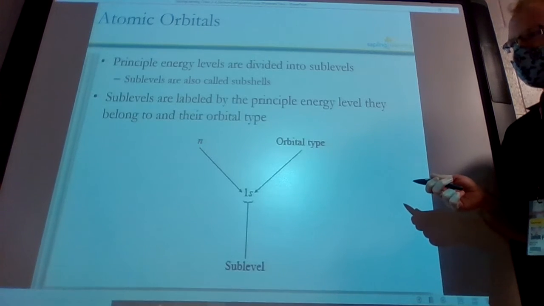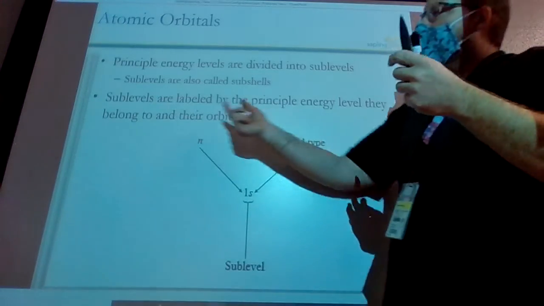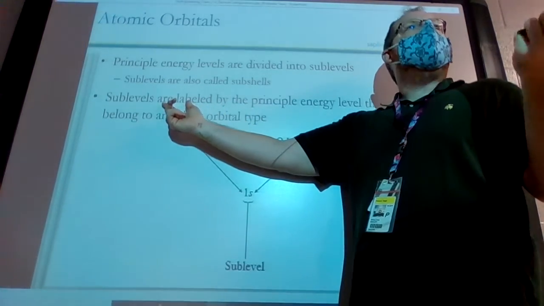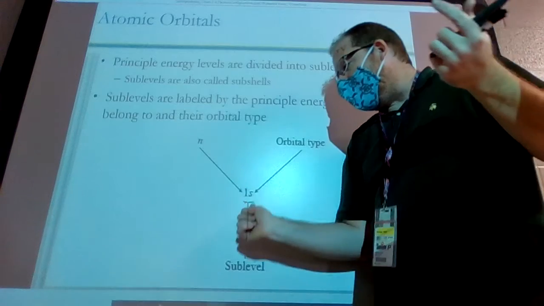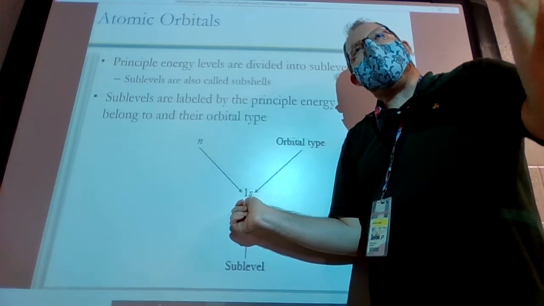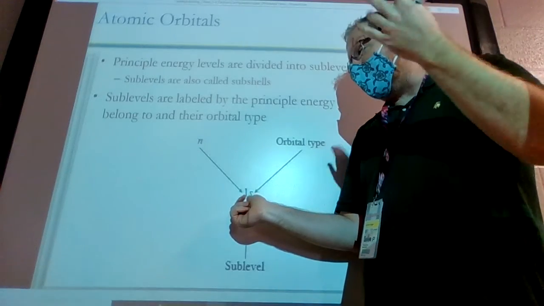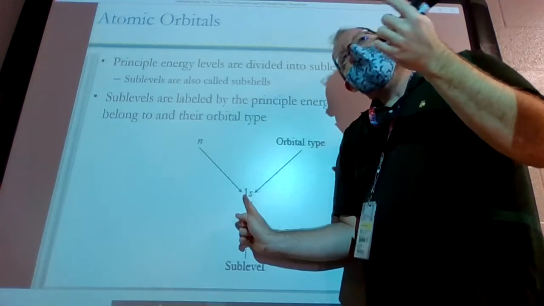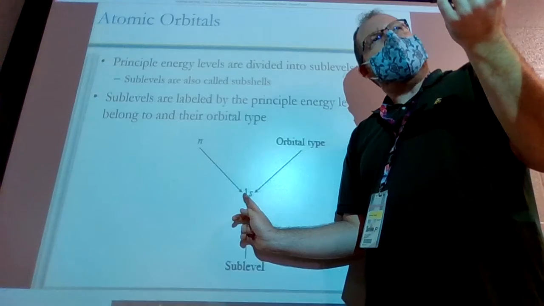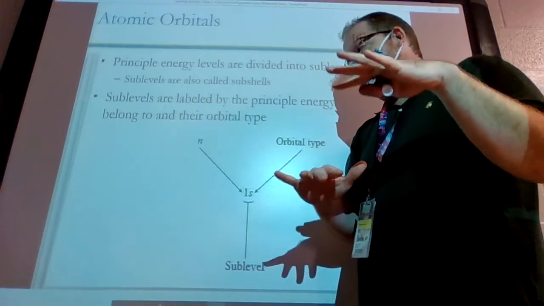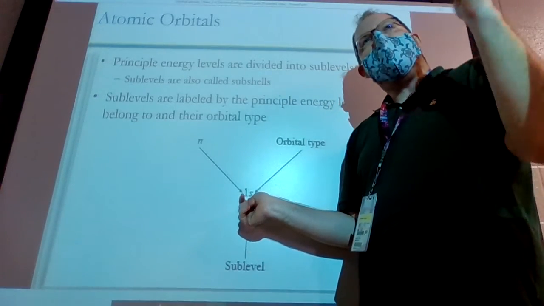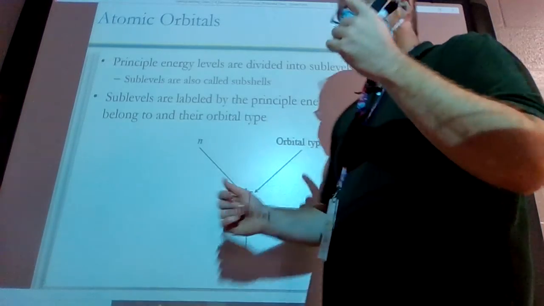Next, you get to your sublevels. The sublevels are the letters that I just mentioned. So S, P, D, or F. Those are your 4 sublevels. So those are going to go next to those. So you can have any number of your principal quantum numbers, what row you're in on the periodic table, and S, P, D, and F actually, we'll see in a second, correspond to what part of the periodic table you're in.